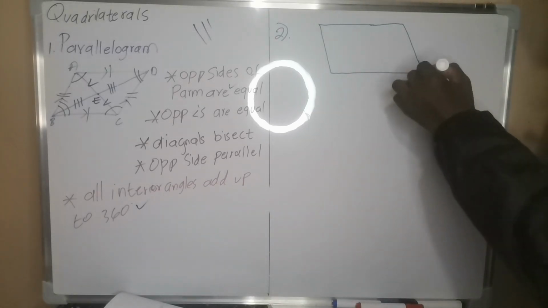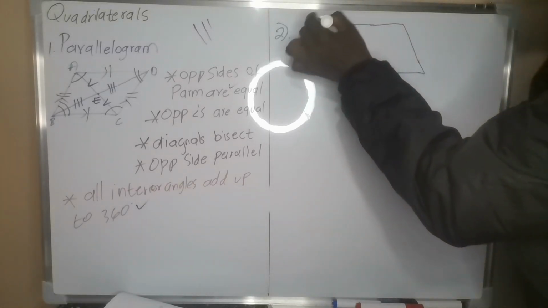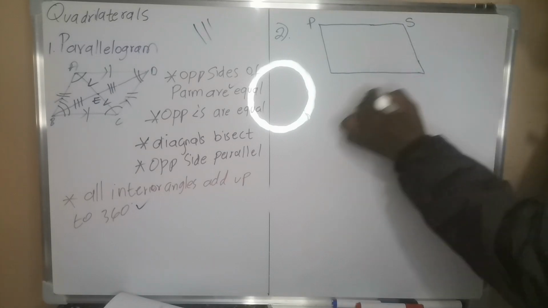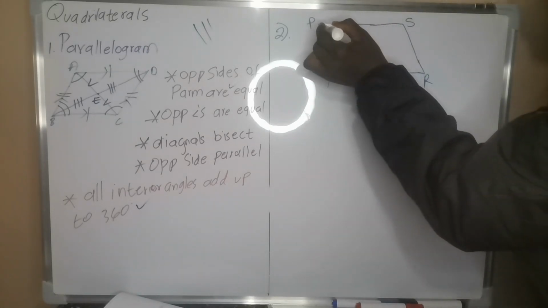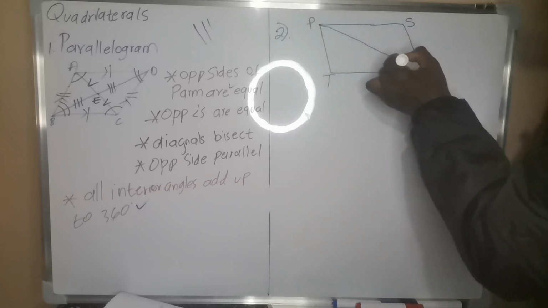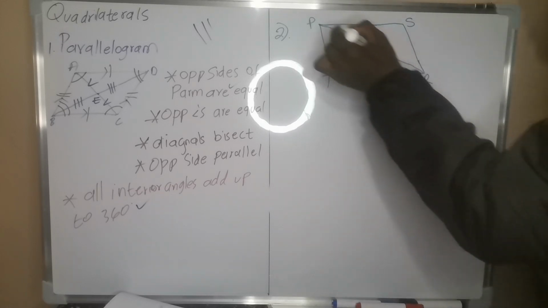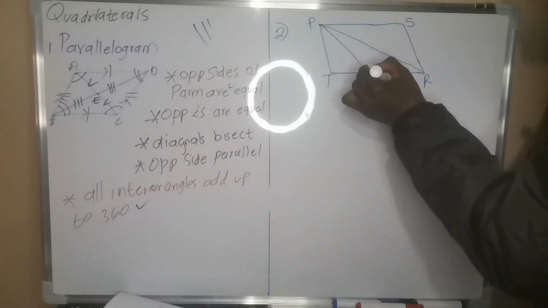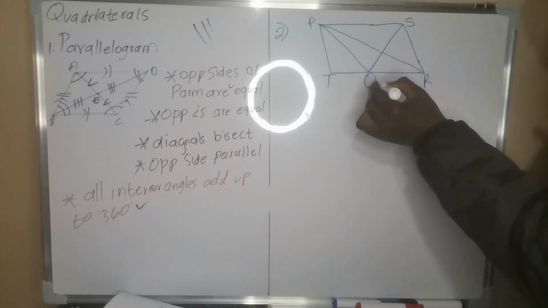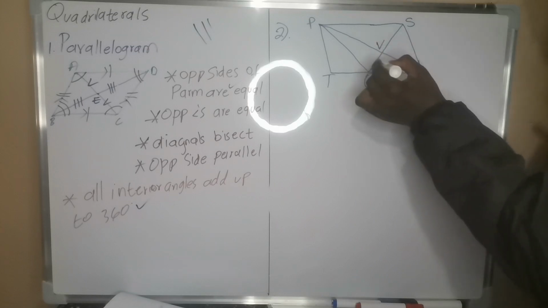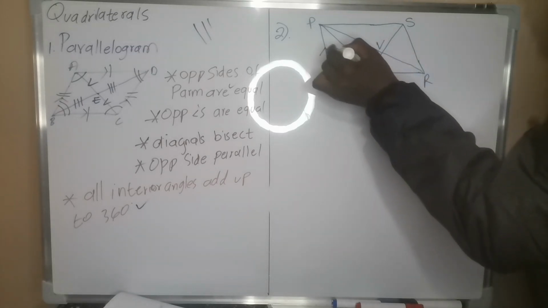So we have PS, we have TR, and the diagonals here. We have diagonals, then TQ, we have V, and parallel lines, obviously.